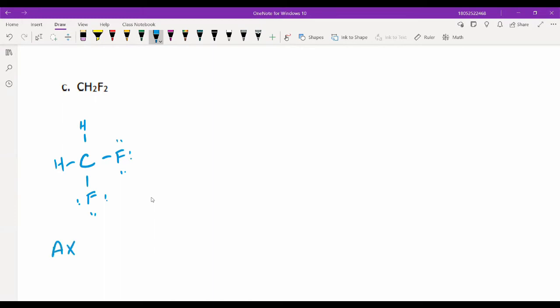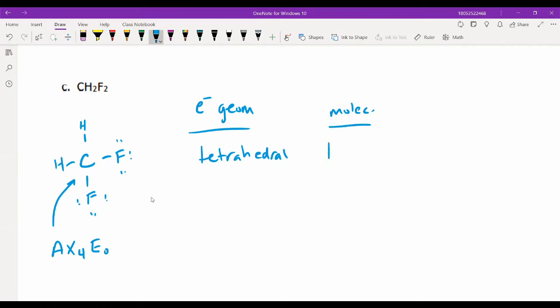The notation is going to be like the first one we did, where on the carbon we don't have any lone pairs. We just have 4 atoms bonded to it. So the electron geometry and the molecular geometry will be, again, tetrahedral. And the bond angles will be exactly ideal for tetrahedral, 109.5.